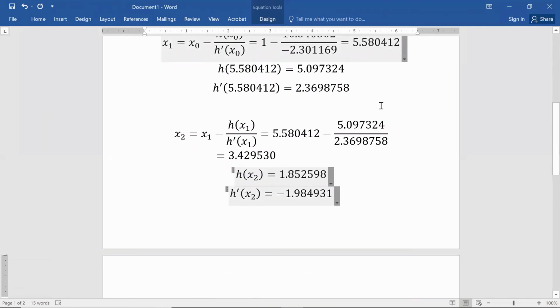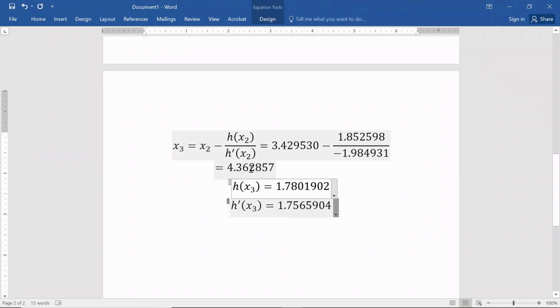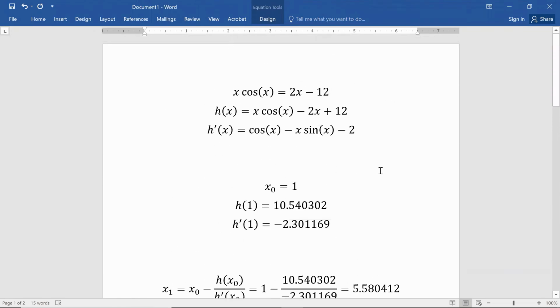And then from 5.58, we went down to 3.42. And then we went back up to 4.36. What's happening is Newton's method basically got stuck.